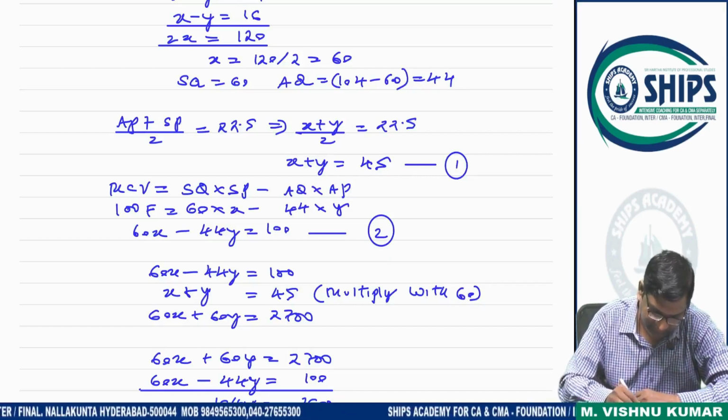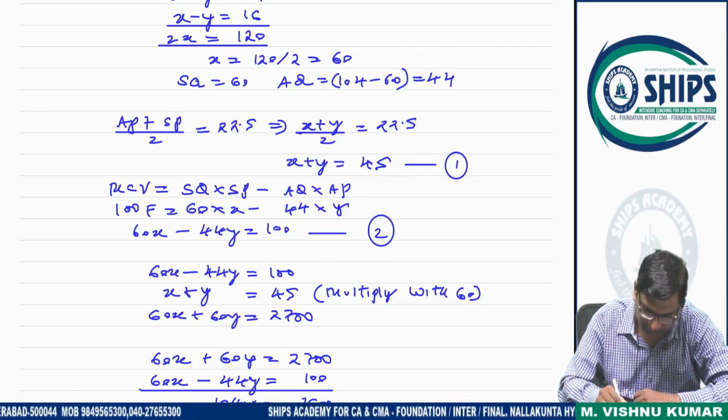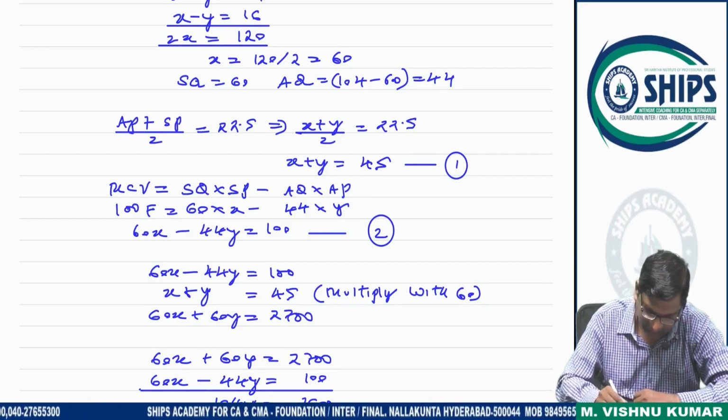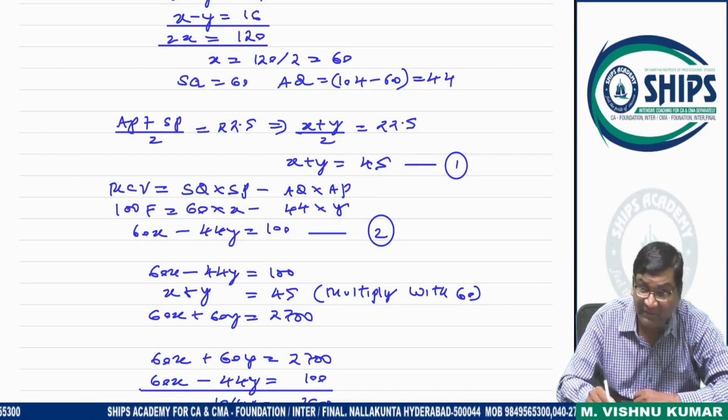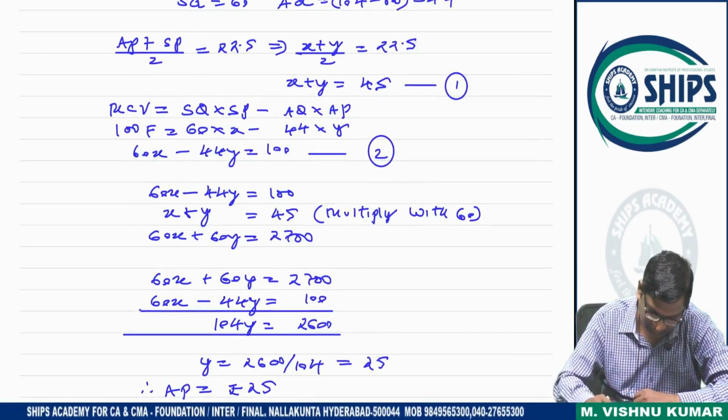Standard quantity 60, standard price we don't know. Actual quantity 44, actual price we don't know. So this is 60x minus 44y equals 100. This is the second equation. The first equation is x plus y equals 45.